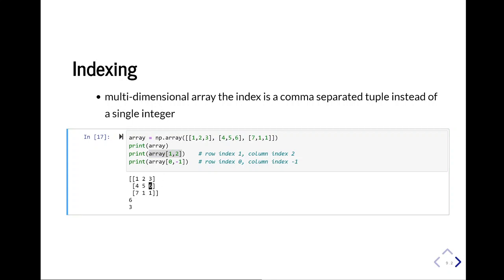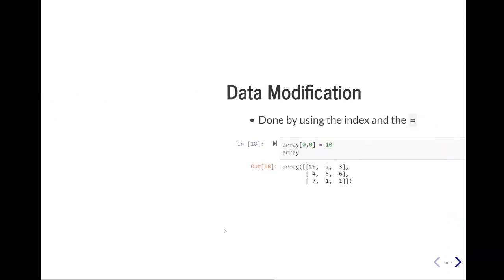So we go down 1, so this is the 0th row, and this is the first one, and then the second one, so 0, 1, 2, and we get back 6. And then here we have 0, which is here, but then we're putting in -1, so we're starting from the opposite side of our array, and we get back the value 3 as expected.